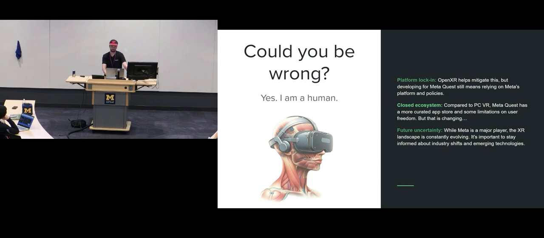Could I be wrong? Yes, I am human, but if we take a look at the risks, they're pretty easy to navigate. So let's say you go with OpenXR, you go with Meta Quest platform, and you go with the Oculus runtime. Well, now you're locked into a platform, but that platform's OpenXR based, so OpenXR mitigates being locked into Meta's platform.